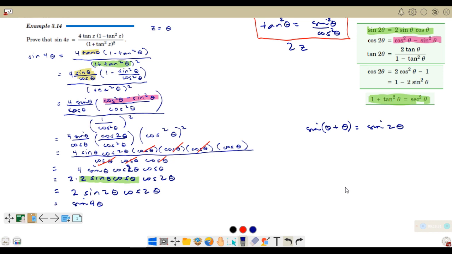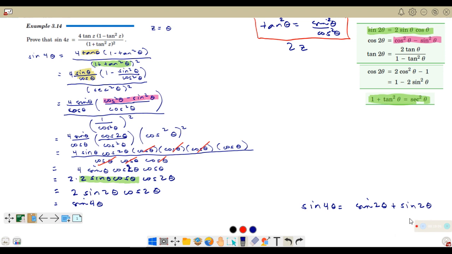So, let me show it to you. Mag-work tayo backwards. So, magiging clear kung paano siya ginagawa. We have here sine 4 theta. If we have sine 4 theta here, that means we will be dealing with sine 2 theta plus sine 2 theta.